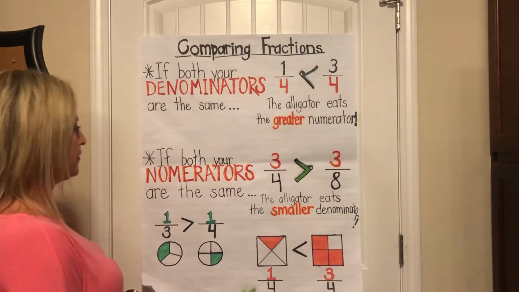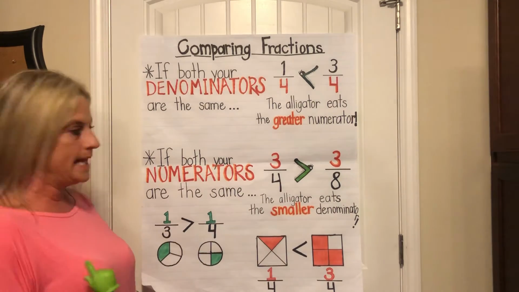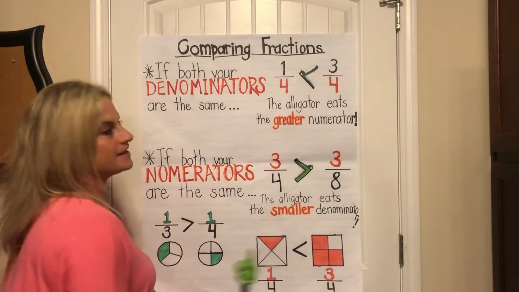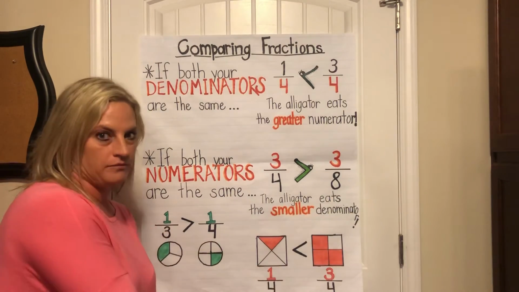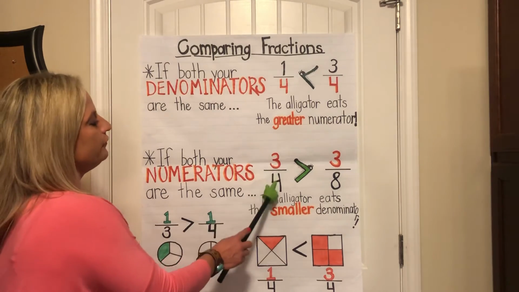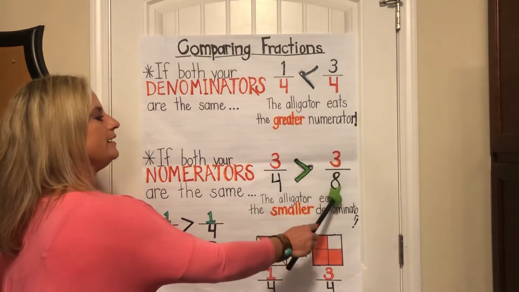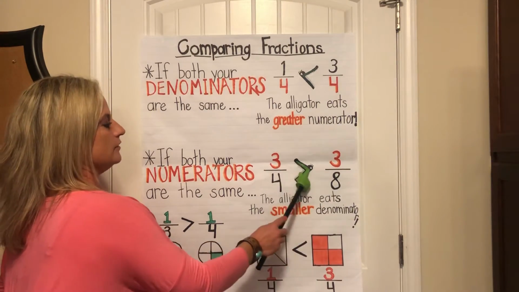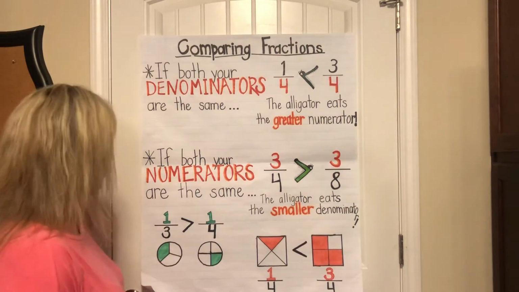So you just have to remember that if both of your numerators are the same, the alligator eats the smaller denominator, so opposite of what we would normally do because we're dealing with fractions, okay? So 3/4 is actually greater than 3/8. So he's eating the larger fraction, and his tail is pointing to the smaller fraction, okay?